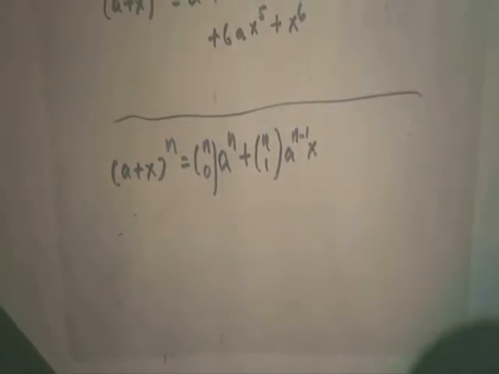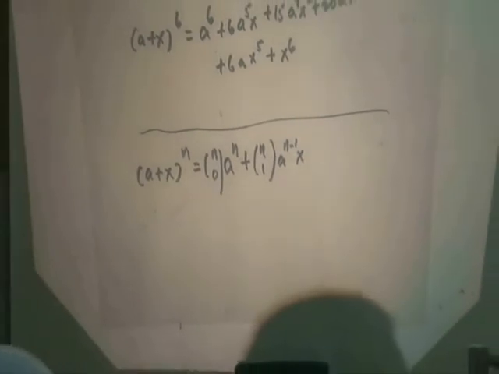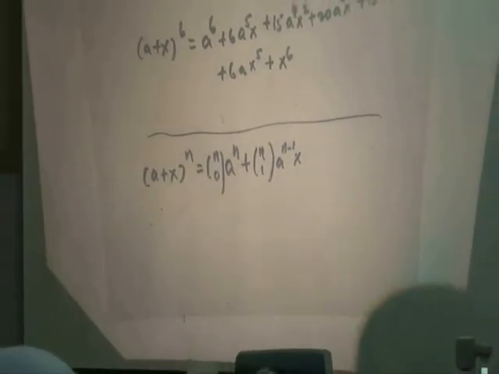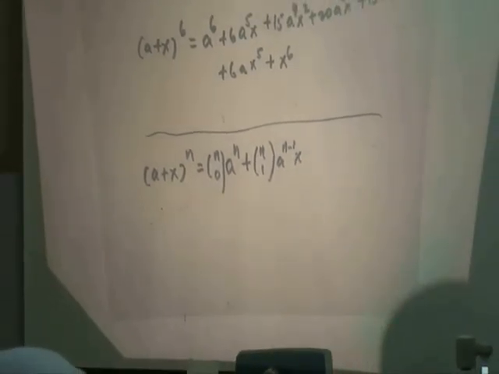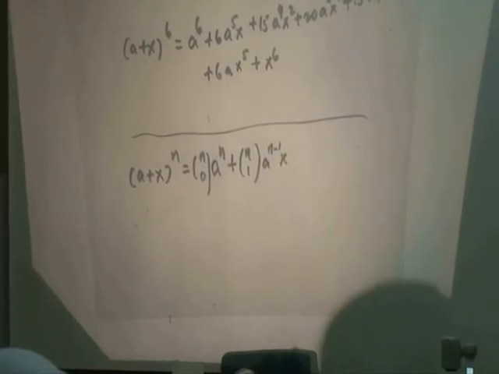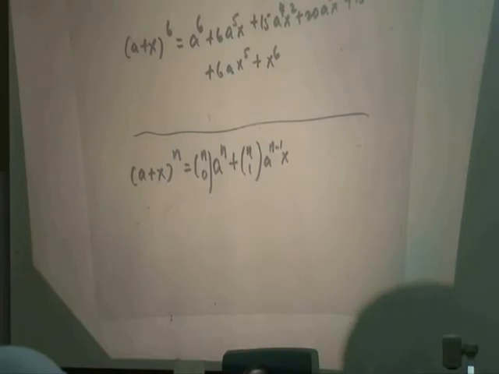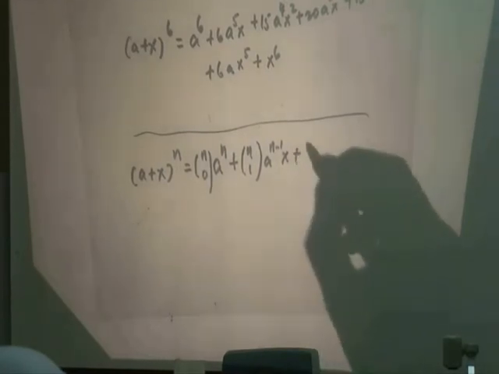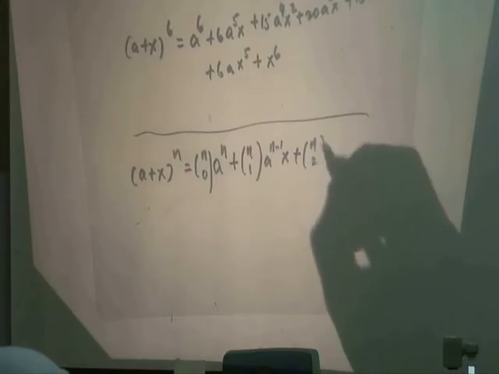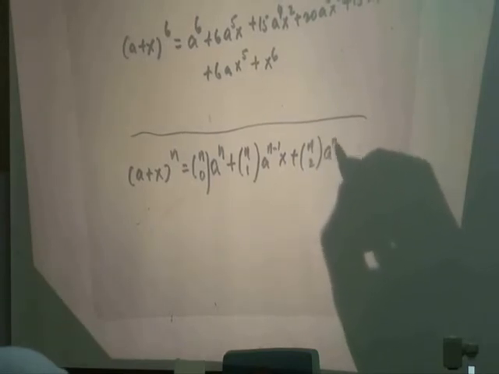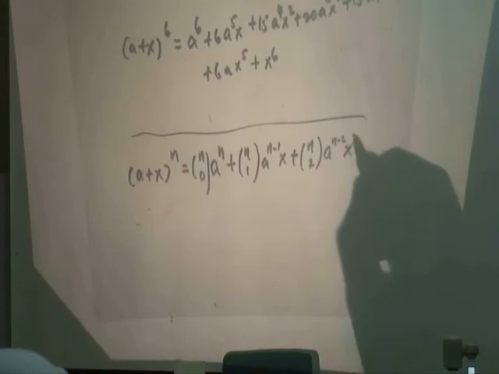The power of a decreases by 1 each time, while the power of x increases by 1, and the sum of these two powers is always equal to the power of the given binomial function. Then the next one will be nC2 a to the power n minus 2 x squared.